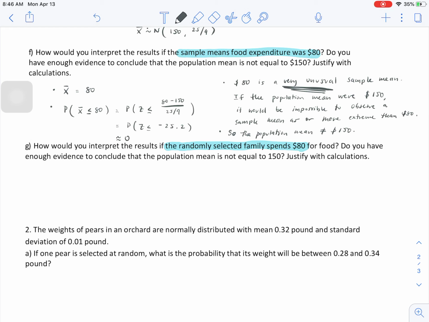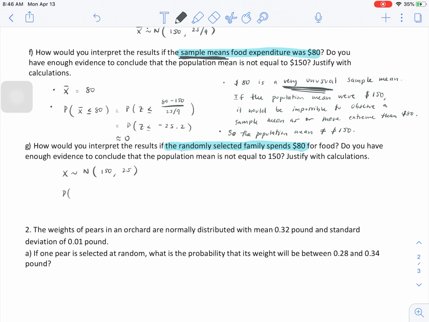I know that there's this distinction because in part F we're talking about the sample mean, so the average food expenditure among a sample of families, whereas in part G we're talking about a single randomly selected family. So not a sample. As a reminder, we assume that the population distribution is normal with mean 150, standard deviation 25.